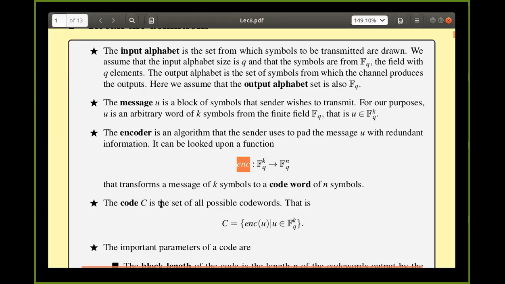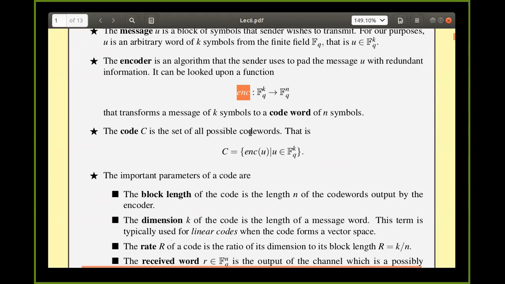Now a code C is the set of all possible codewords, that is, the image of the encoder function. I take u as input, a word of length k, and transform it to F_q^n.